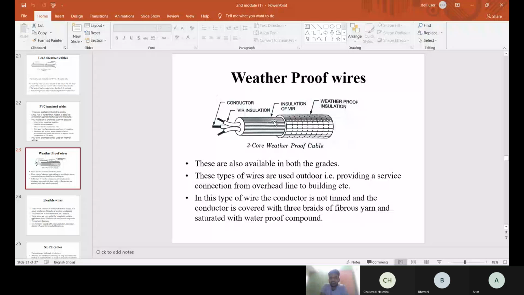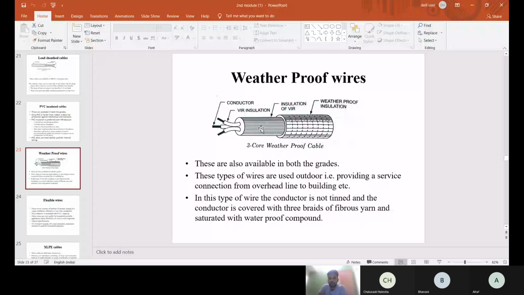After this, fibrous materials or Hessian tape insulating materials will be used for moisture absorption. That is for weatherproofing and also to give mechanical strength to our wire. That's why different types of structures are constructed one above the other.